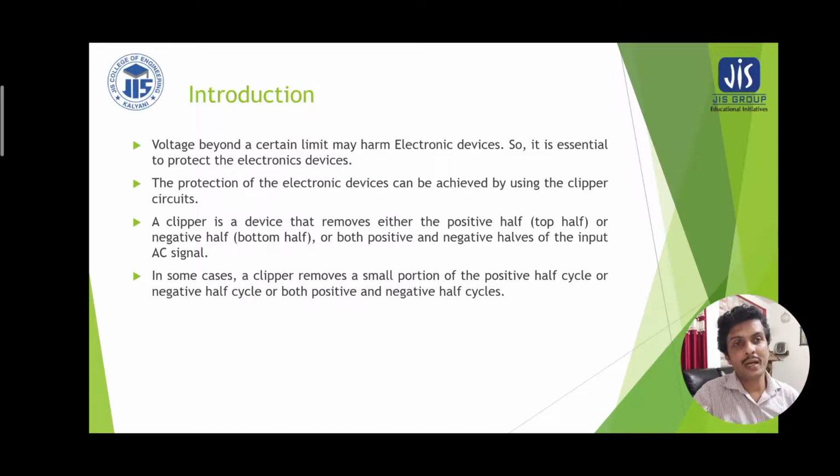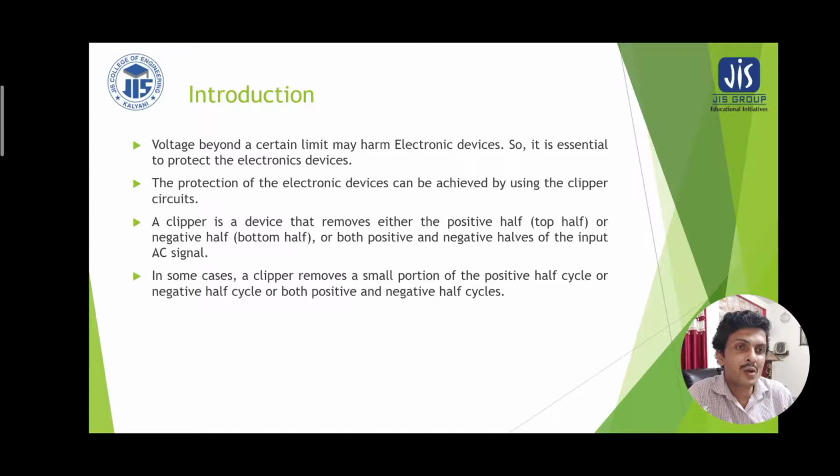So that means either the positive half cycle may be removed of a sinusoidal signal or any periodic signal. It may happen that a periodic signal is applied to the circuit and it completely removes the negative half, that means the negative clipper. And sometimes it may happen that there is some threshold level beyond which the positive voltage will be suppressed.